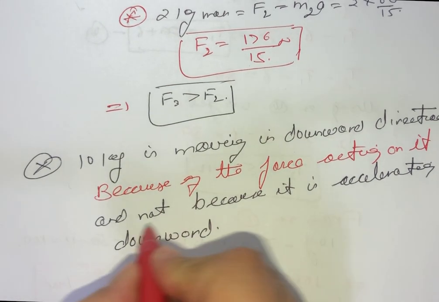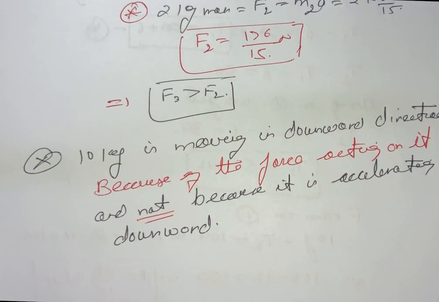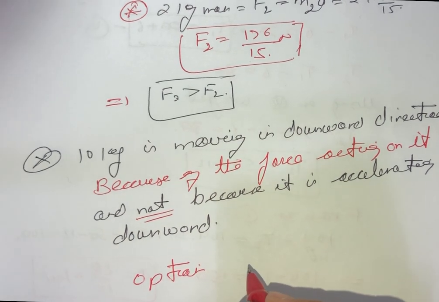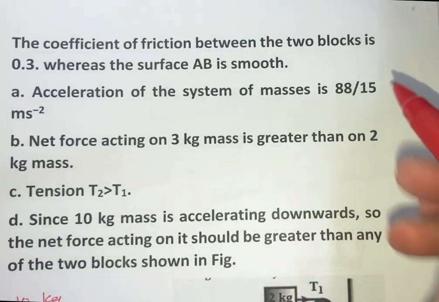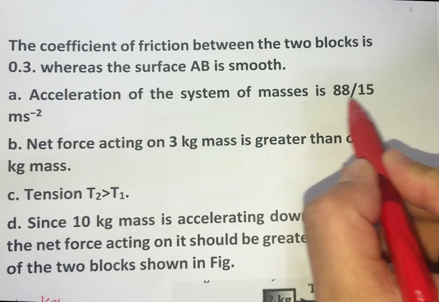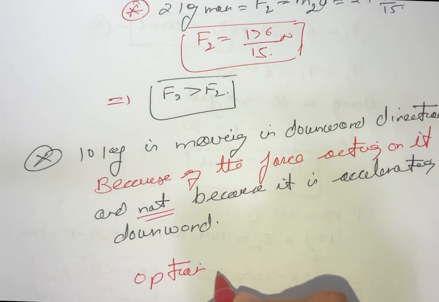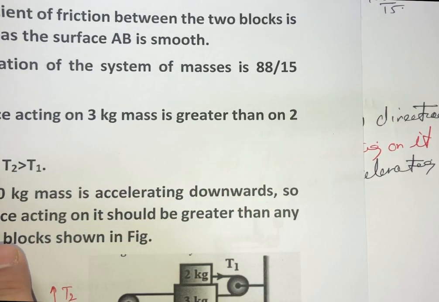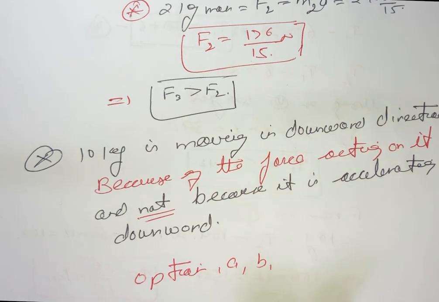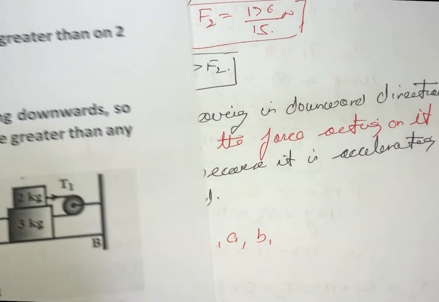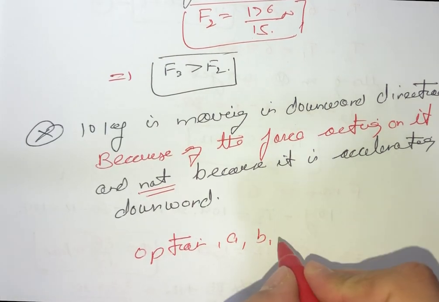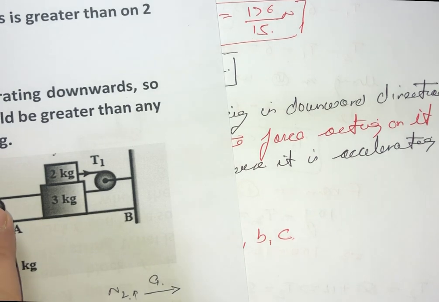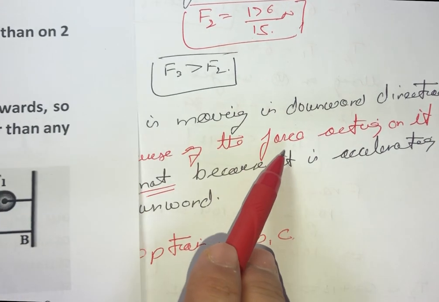So from here we can say that we already proved that the acceleration is 88 by 15 meter per second square, so option number A. And the net force acting on 3 is greater than on 2, so option number B. And we also proved that tension T2 is greater than T1, so option C. Whereas option D is incorrect because it is not moving because of acceleration, but it is moving because of the force.